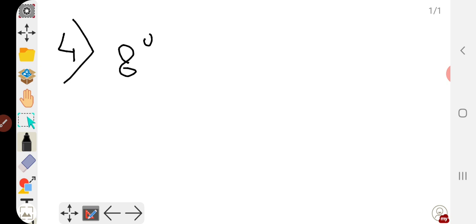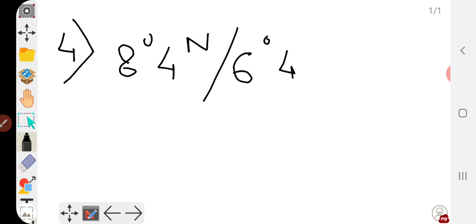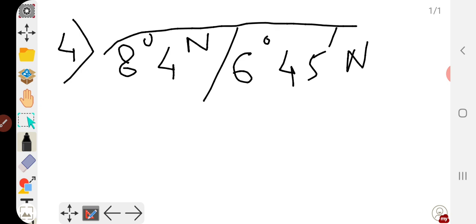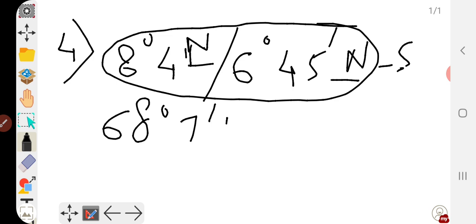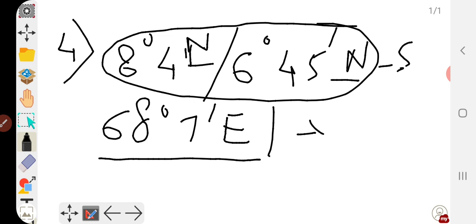This entire area is situated in the southern part of our country, so why is it denoted with N? Similarly, 68 degree 7 minutes east is situated in the western part of our country, so why is it denoted with E?